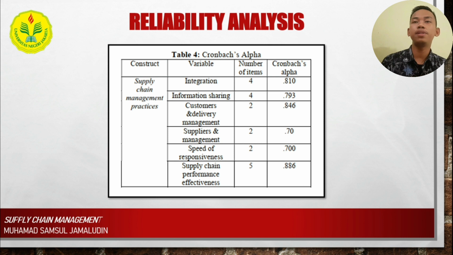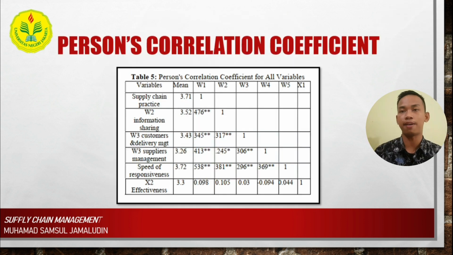The results of the reliability analysis are summarized in this table, as you can see: the construct, the variable, the number of items, and then Cronbach's alpha. The next table is talking about Pearson's correlation coefficient for all variables.